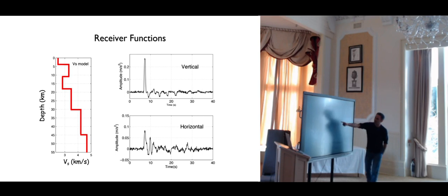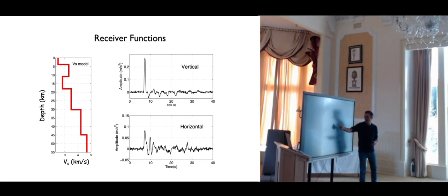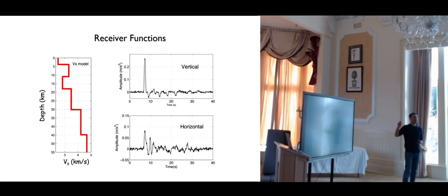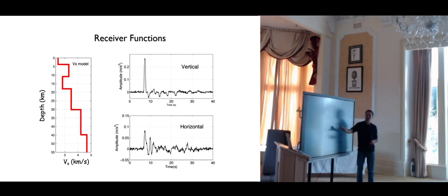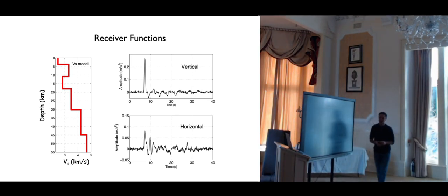And the data that we have are body waves, the vertical and the horizontal component of body waves. This is the P arrival. And after the P arrival, you have a lot of different wiggles that are due to conversions and reflections at discontinuities. So these data contain information about the discontinuities, and we want to recover a 1D model.